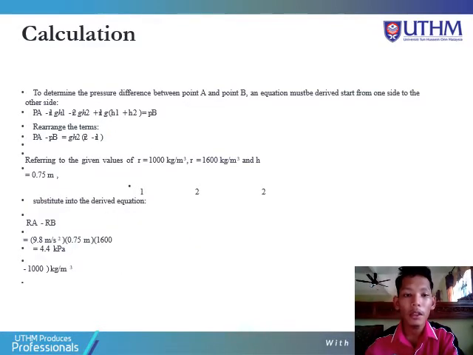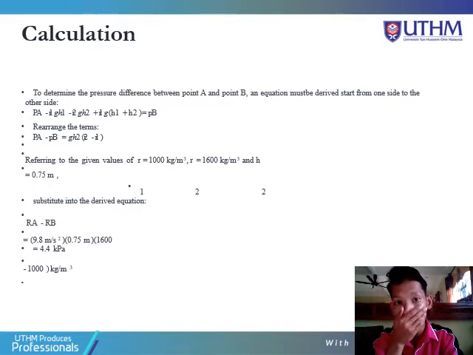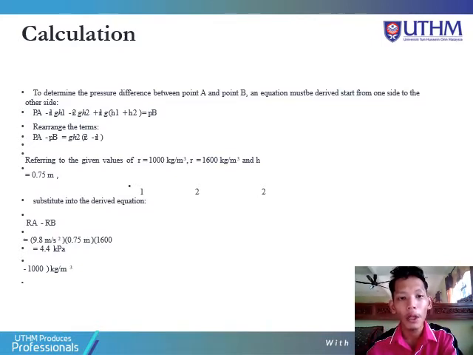So for the calculation, to determine the pressure between point A and point B, an equation must be derived starting from one side to the other side, which means the equation will be PA equal to rho 1 g h1 minus rho 2 g h2 plus rho 1 g (h1 plus h2) equal to PB.